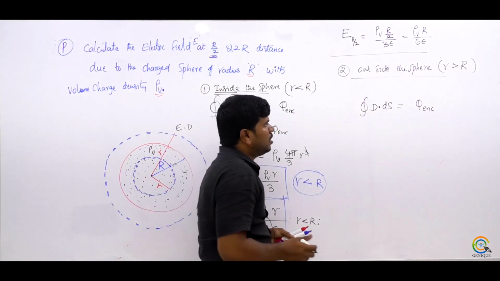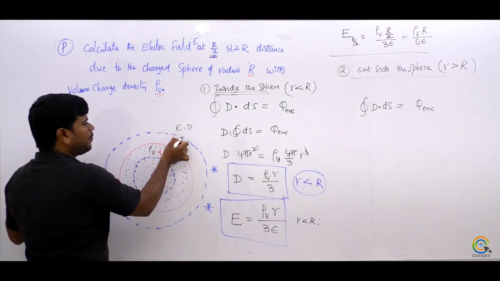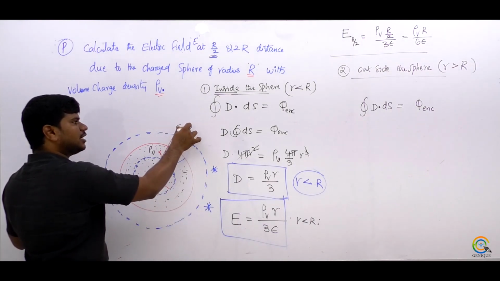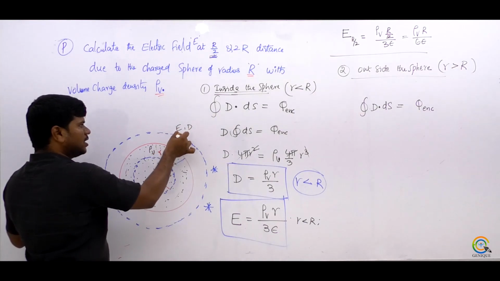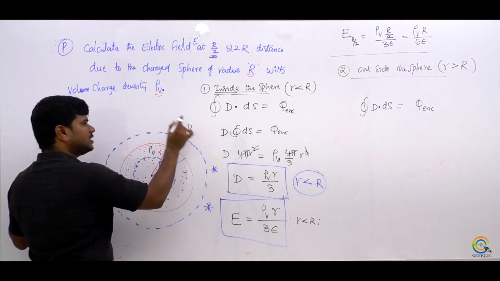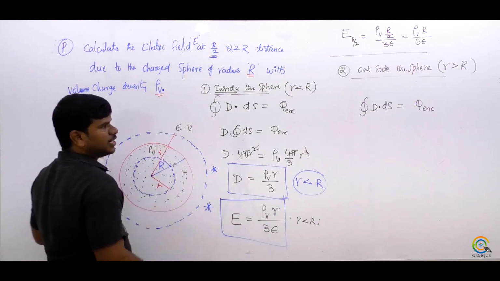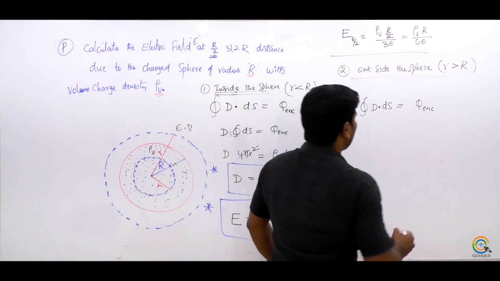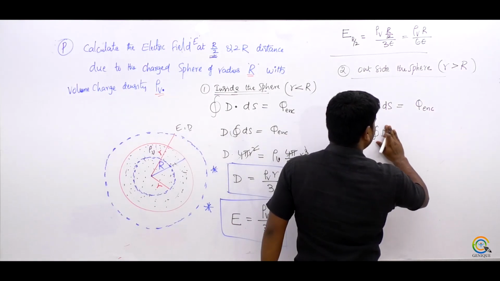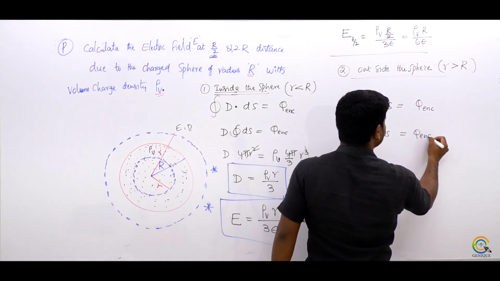Because the point where we have to find the electric field intensity or electric flux density is on the Gaussian surface, the electric field intensity is constant because all these points are equidistant from the center of the sphere. So now I can write D into integral dS is equal to charge enclosed.